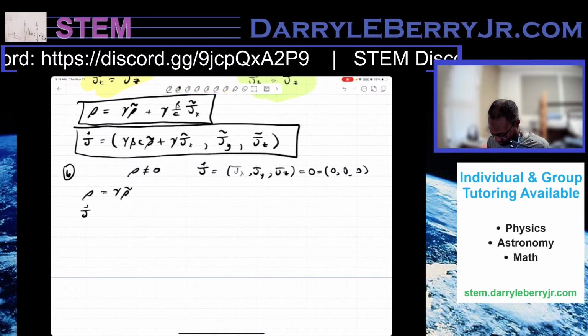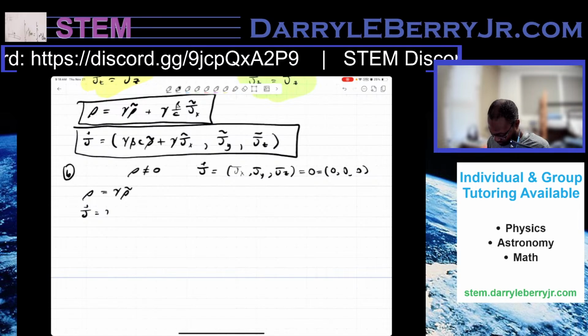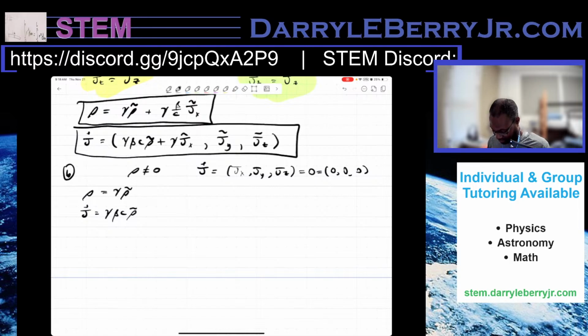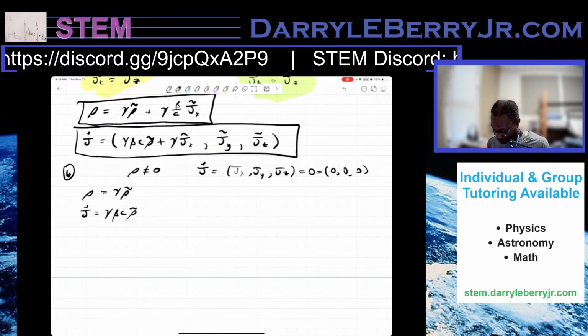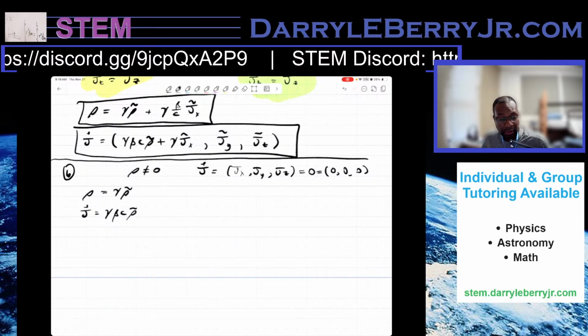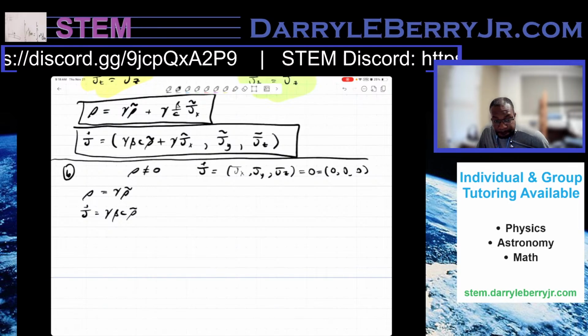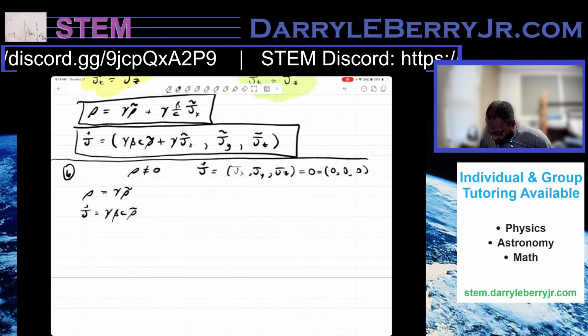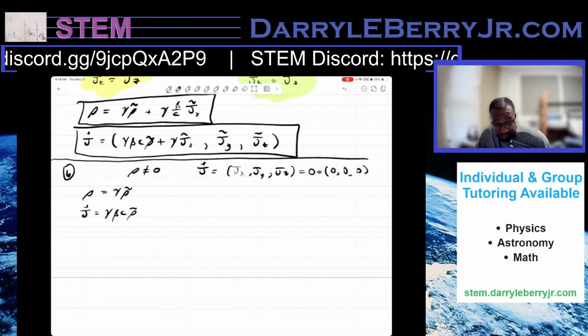Then we have J equals, and everything else is 0. And this is for part B. That's ρ and J in the other frame.